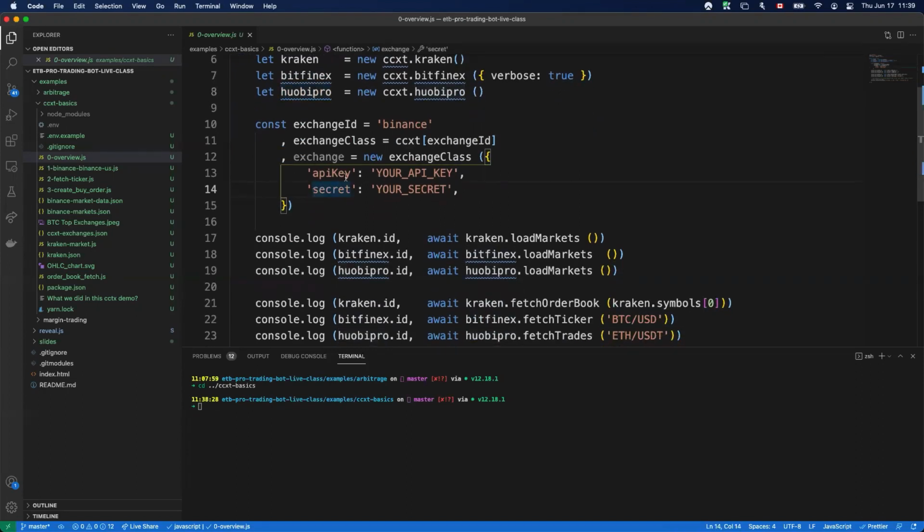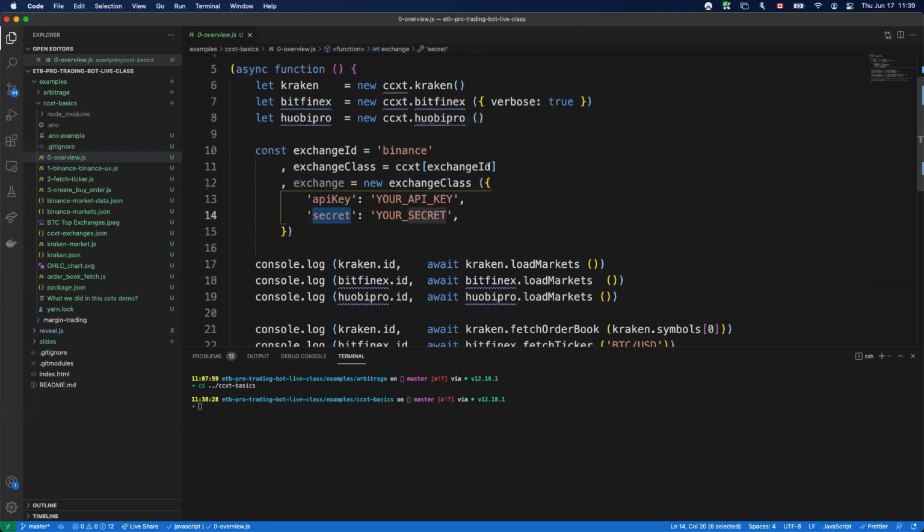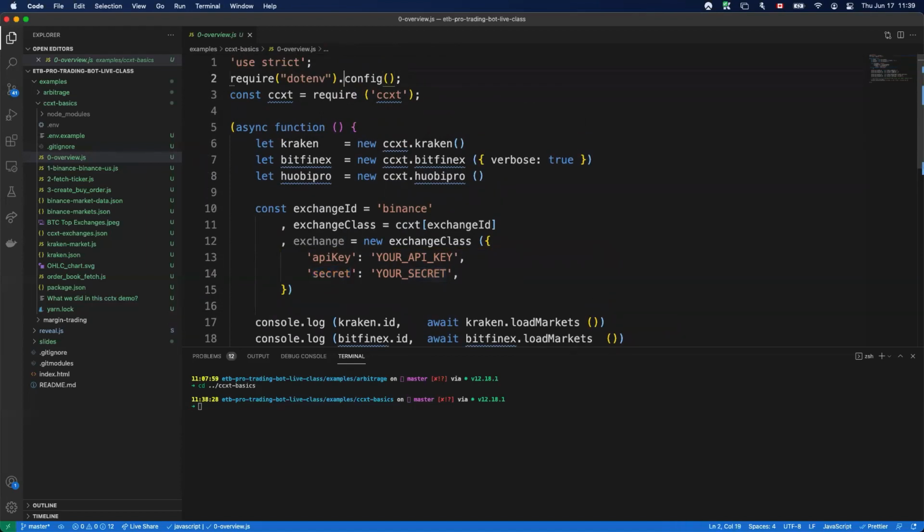If you would like to create a Binance object with API and secret, this is how you can do it: you get the exchange class, and then you instantiate an exchange with the API key and the secret. API and secret can be stored in .env, and then we can use a dependency called dotenv to read the secrets from our secret file.